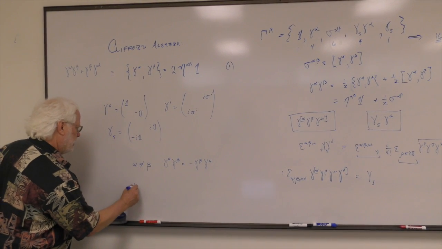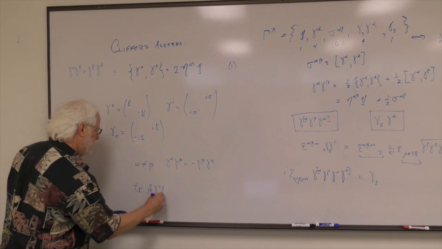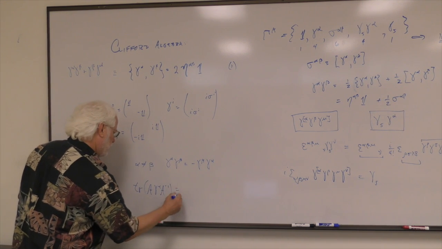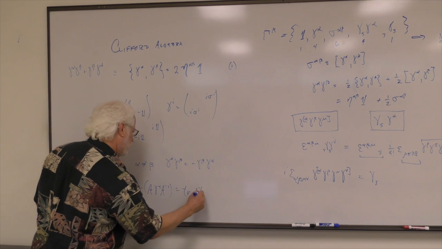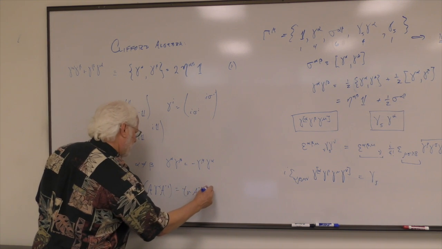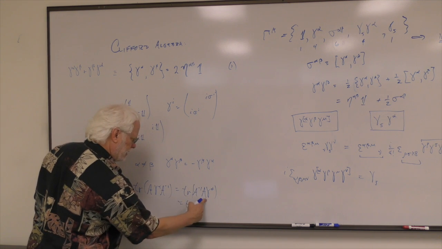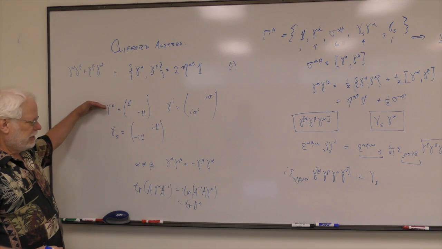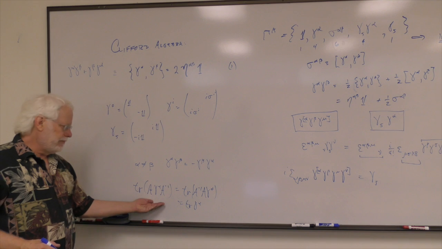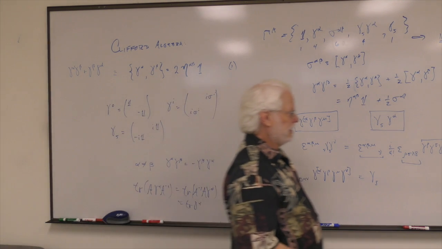But notice that the trace of A gamma alpha A inverse, by the cyclic property of the trace, is equal to the trace of A inverse A gamma alpha, which becomes the trace of gamma alpha. So if this representation is traceless, every representation is traceless. So these are traceless.